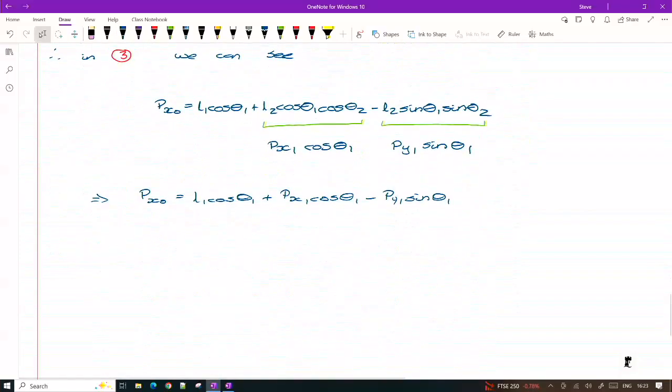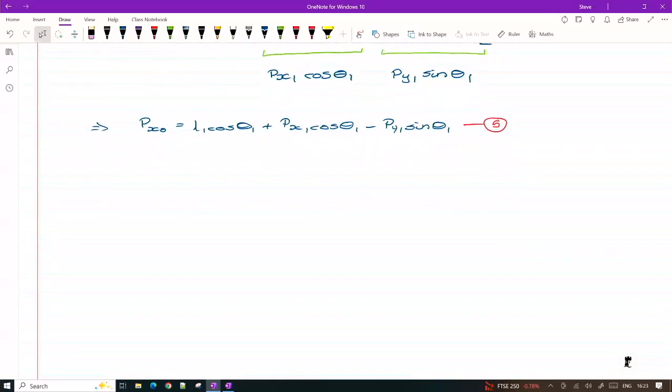Five. And then we go through the same process again to come up with an expression for py0.